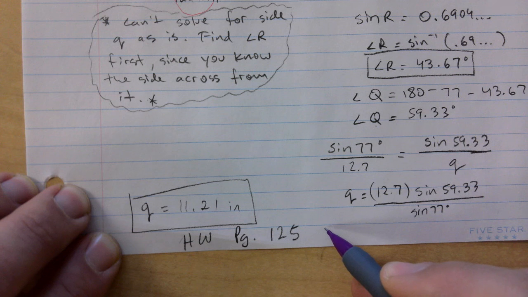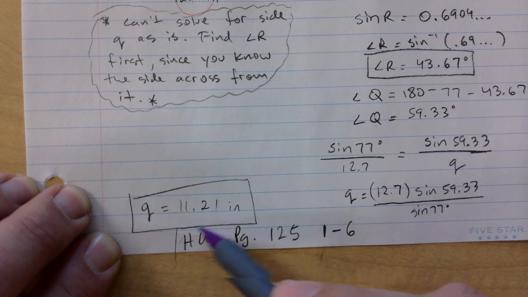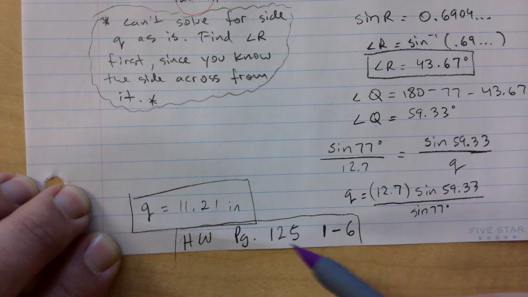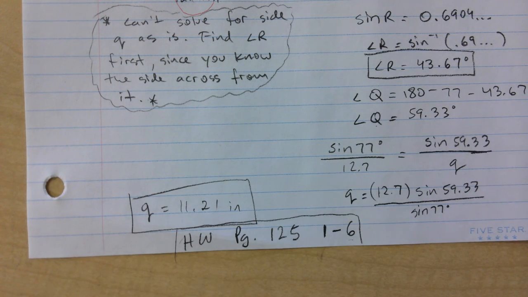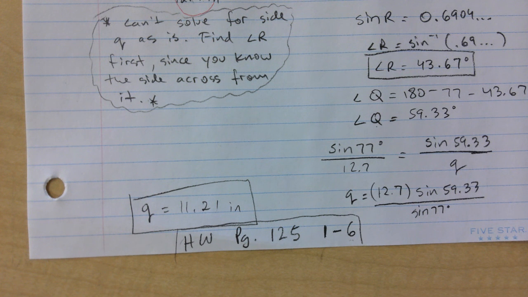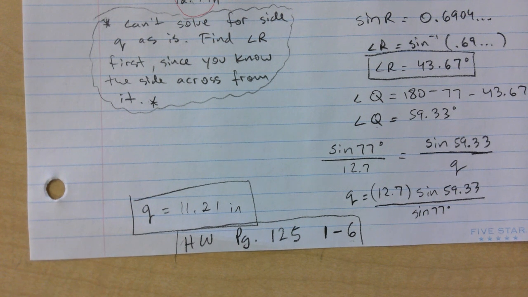You can go 1 to 6. And 6 has triangles without a diagram. And just practice those. And if it ever says solve the triangle, that means solve for everything. All angles, all sides. Okay?